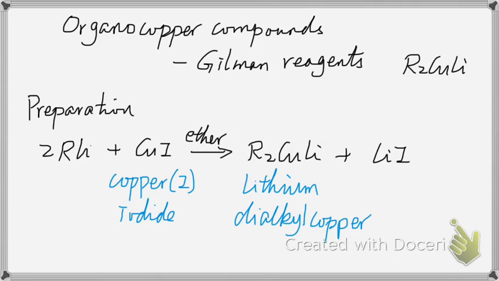In ether solution, these two will react to make the lithium dialkyl copper and the lithium iodide. Please note here, the 2 R groups are linked to copper, but typically in the reaction, only one of them will react.